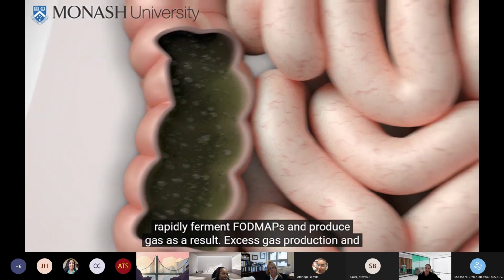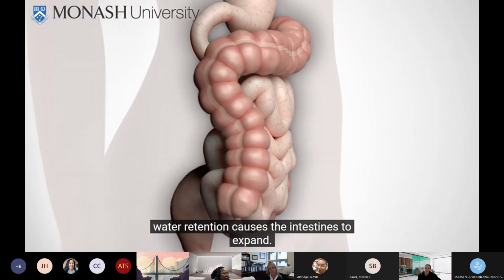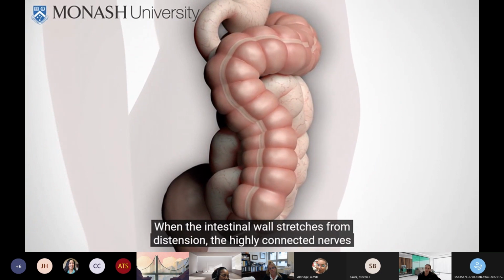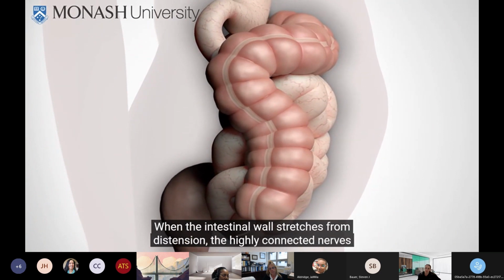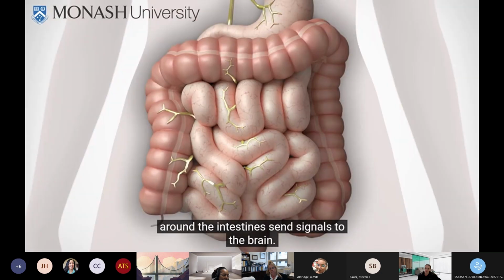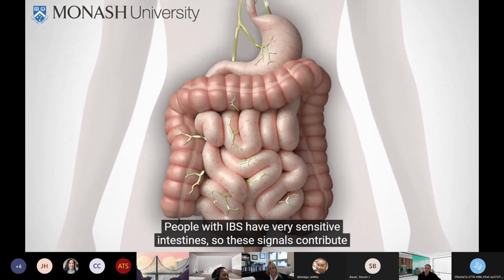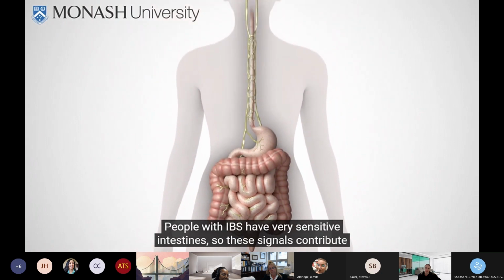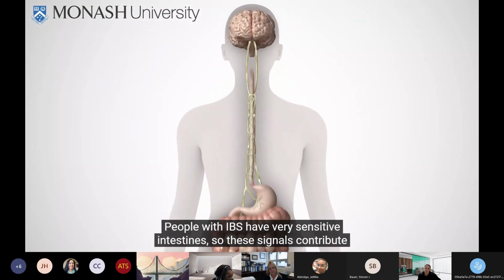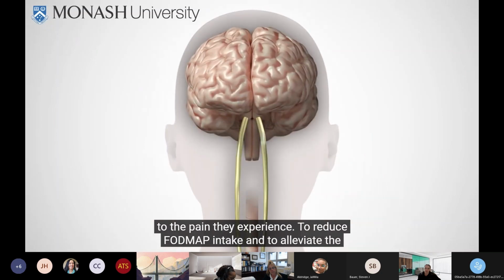Excess gas production and water retention causes the intestines to expand. When the intestinal wall stretches from distension, the highly connected nerves around the intestines send signals to the brain. People with IBS have very sensitive intestines, so these signals contribute to the pain they experience.